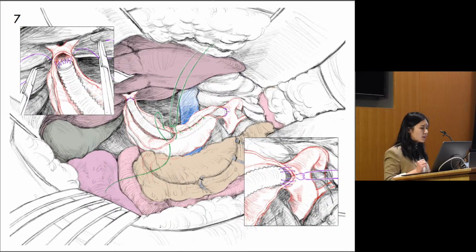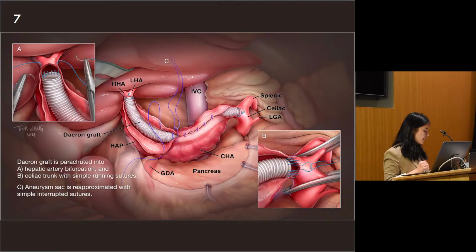The aneurysm sac was reapproximated. Step 7 was illustrated. Steps A and B were added to give more details regarding the anastomosis, but retained the same orientation as the main figure to maintain clarity. Thank you so much, and now I welcome any comments and questions.